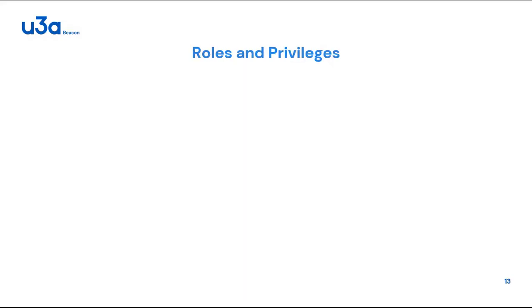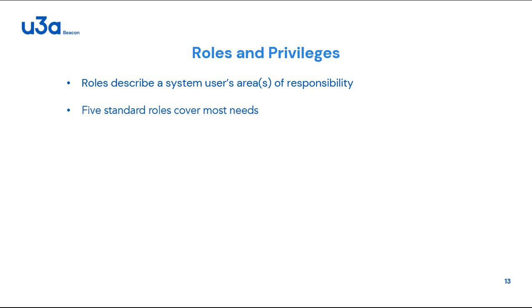So to recap, roles describe a system user's areas of responsibility. By default, Beacon has 5 standard roles: Administration, Group Leaders, Groups Coordinator, Membership Secretary and Treasurer. These cover most needs. The privileges assigned to a role determine what they can see and whether they have the right to insert, update or delete data.